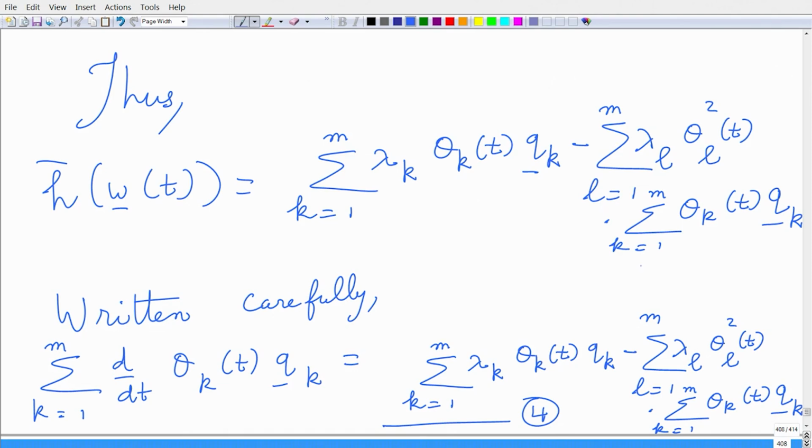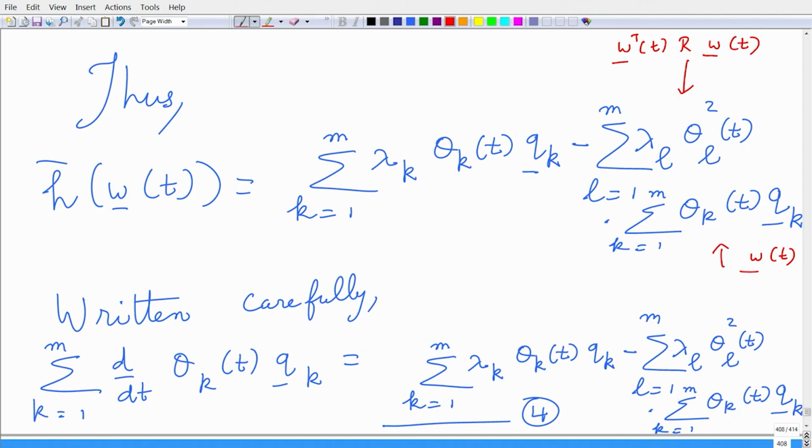This is what I have. If you want to recall, this corresponds to my w of t, and this corresponds to my w transposed t r times w of t.